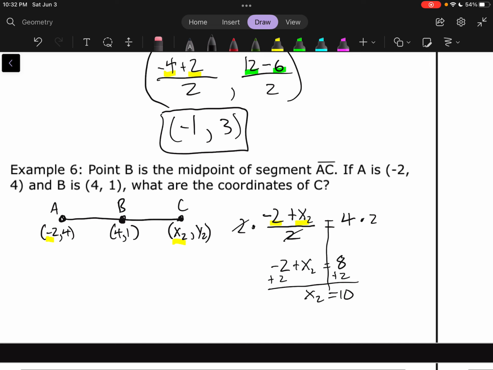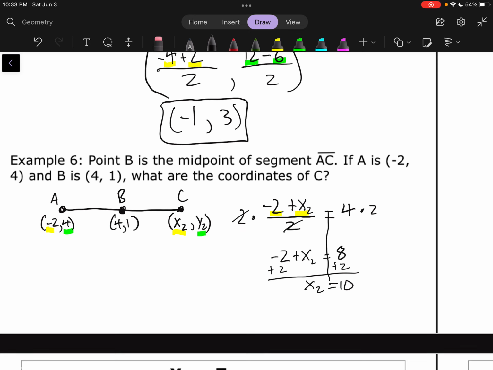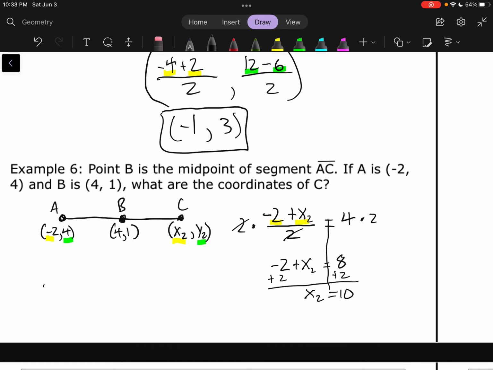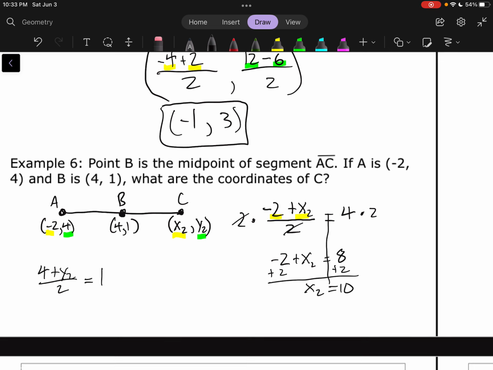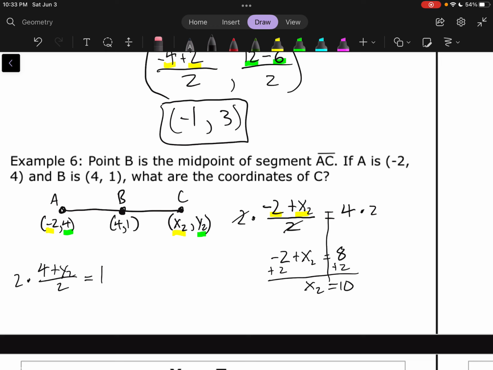So let me show you the same thing for y. If I do the same thing for y, that would be 4 plus y2 all over 2. Actually, let me write that a little higher. 4 plus y2 all over 2 should be equal to 1, because that's the y value. So we multiply both sides by 2 to get rid of the 2.